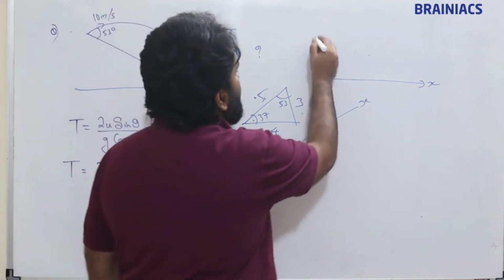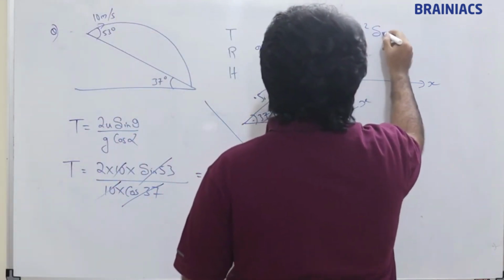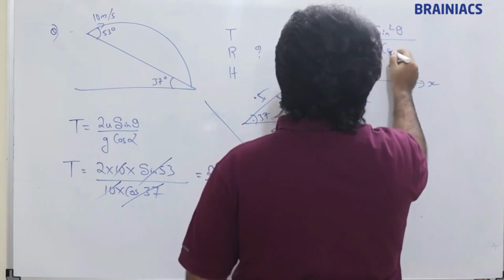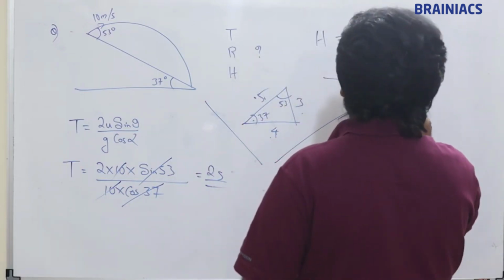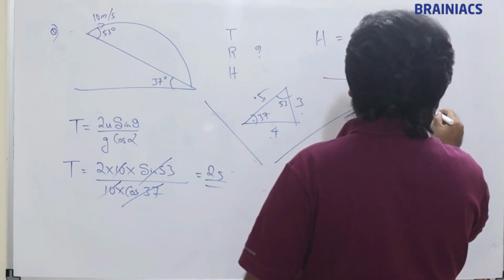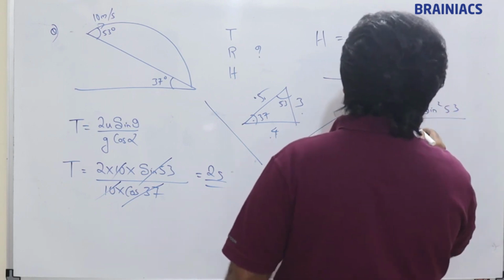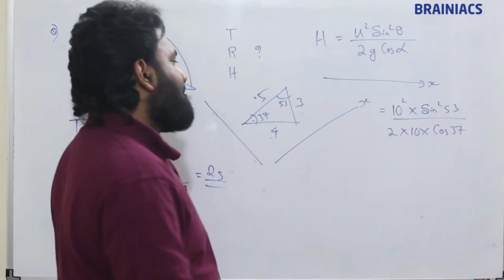Now let us take maximum height. So u square sin square theta divided by 2g cos alpha. So u square is 10 square and sin square 53 divided by 2 into 10 into cos 37.